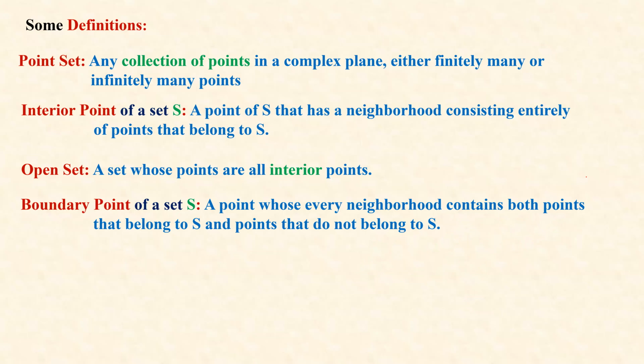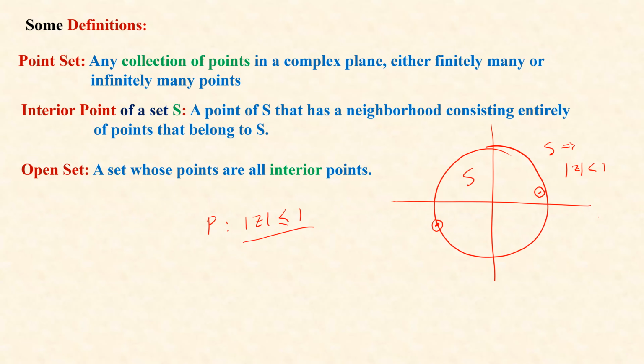Boundary point of a set S. A boundary point is a point whose every neighborhood contains both points that belong to S and points that do not belong to S. Like that circle that I showed here, this point is a boundary point of the disk.